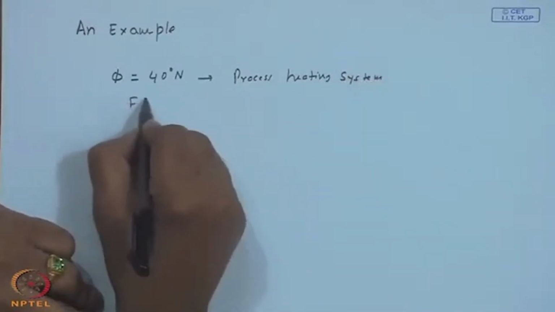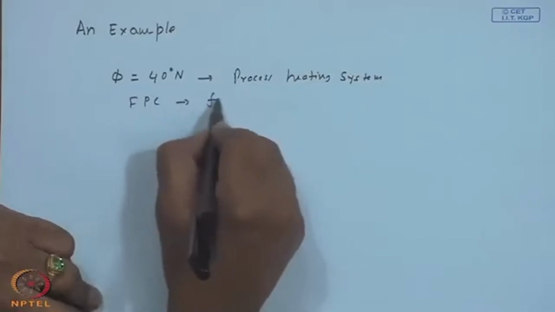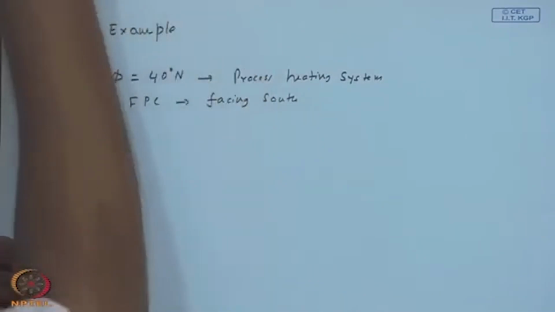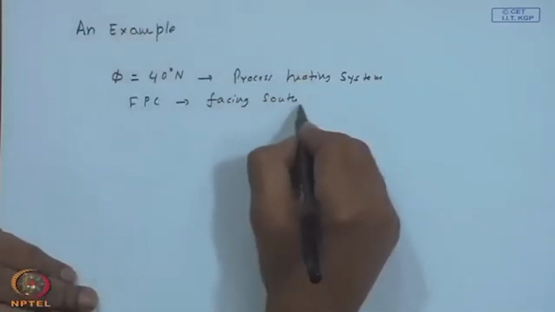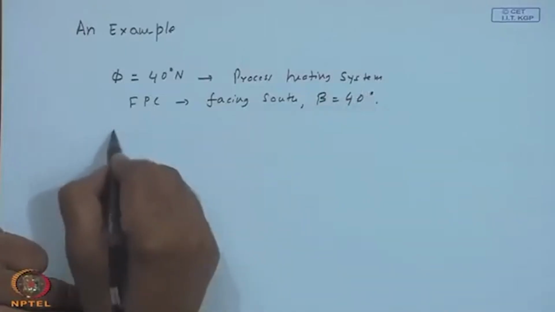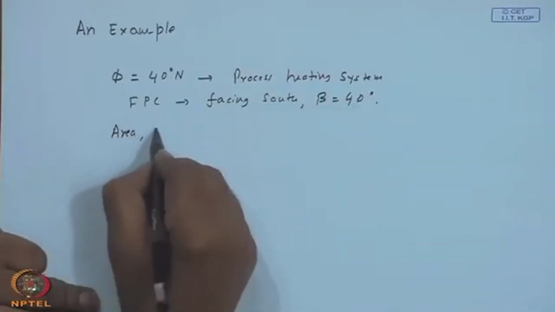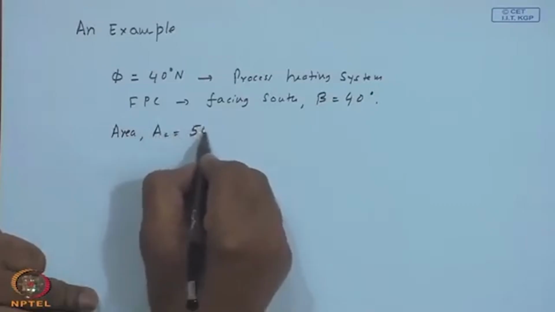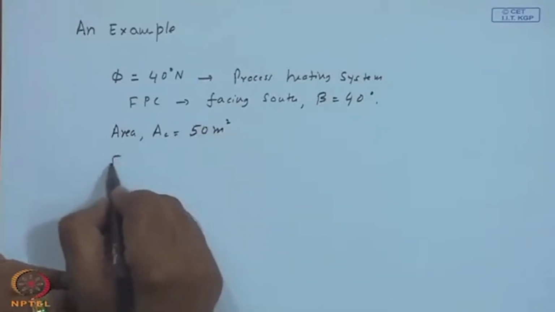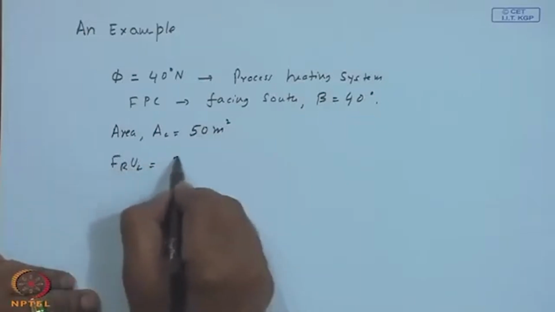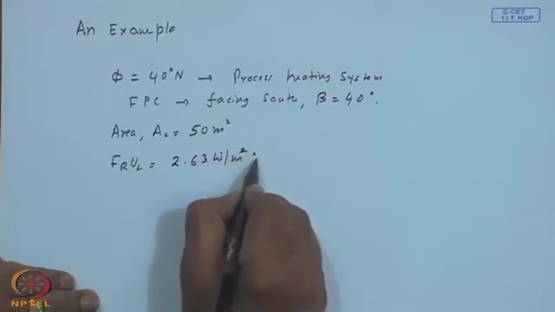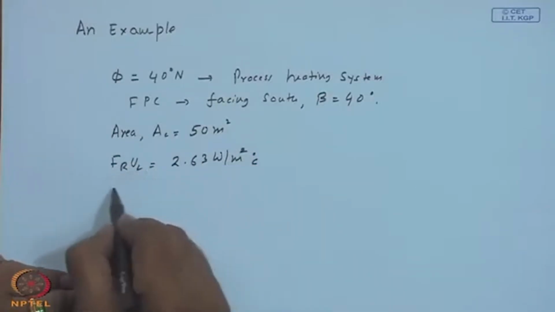and flat plate collectors facing south, and the slope beta is equal to 40 degrees, area A C equal to 50 meter square, and the collector parameters are F R U L is 2.63 watts per meter square degree centigrade, and F R tau alpha normal.